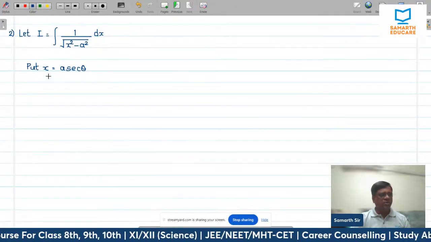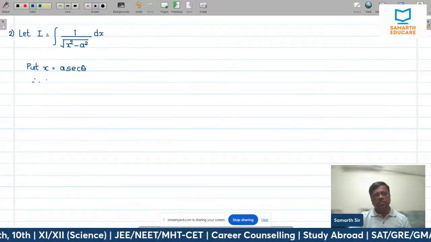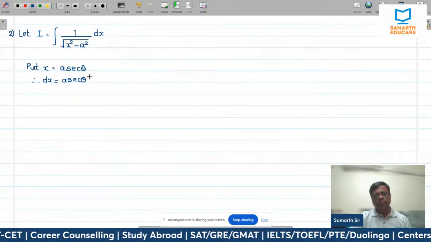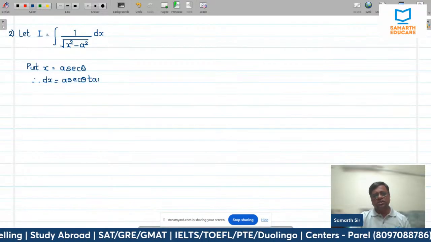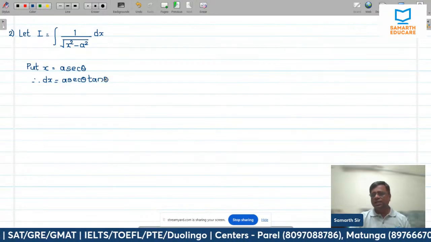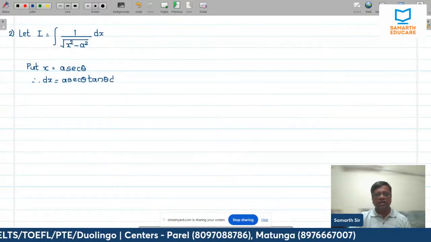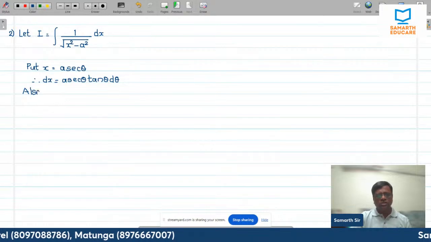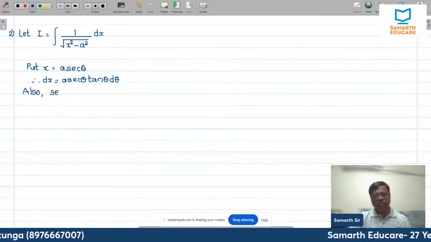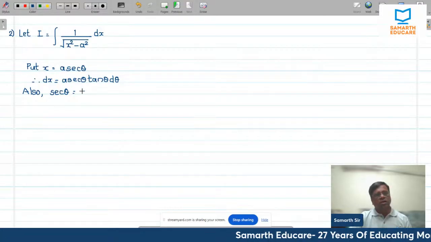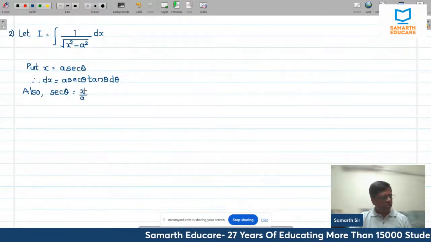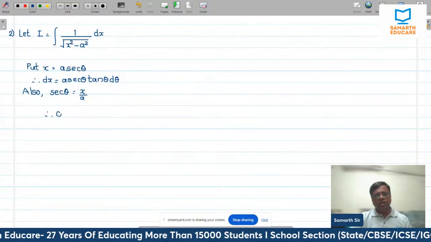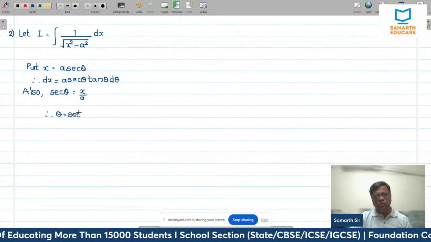Whenever it is x square minus a square, it is a sec theta. That means the value of dx is a sec theta tan theta d theta, because the derivative of sec theta is sec theta tan theta. Also, because x is equal to a sec theta, the value of sec theta will be x upon a. Right. We may not need this in this problem, but I am writing it here to build the habit. We will not need it.